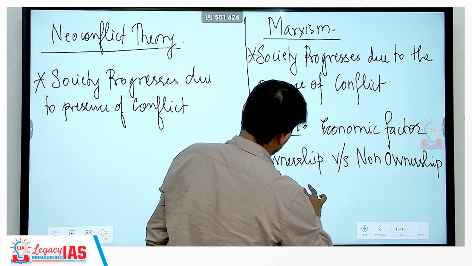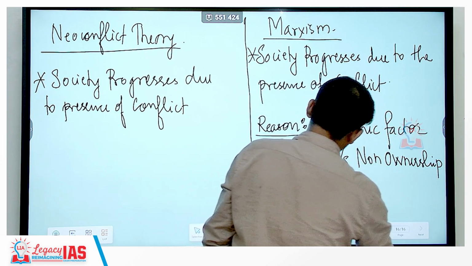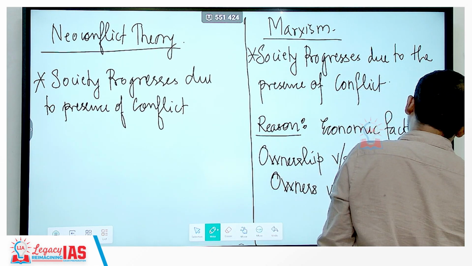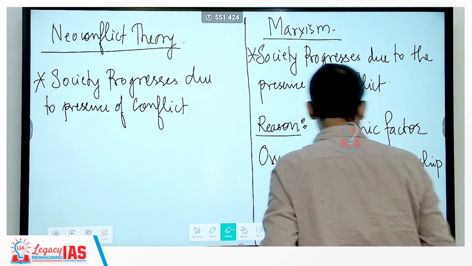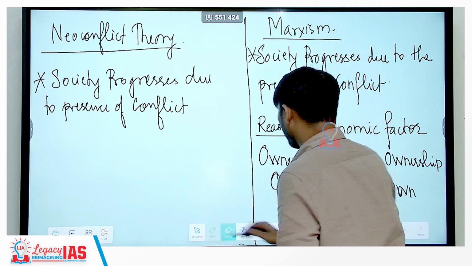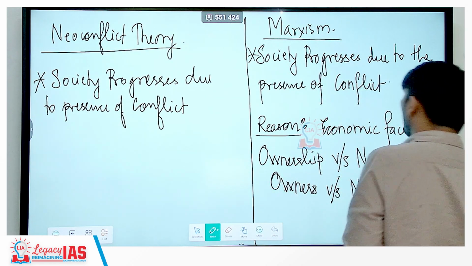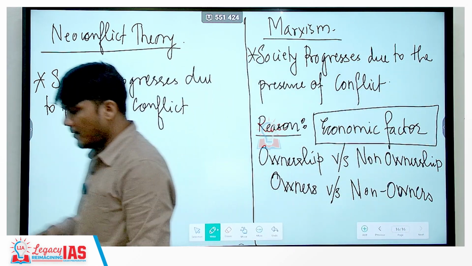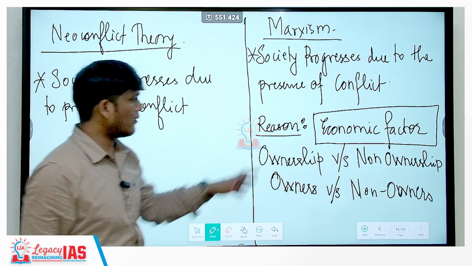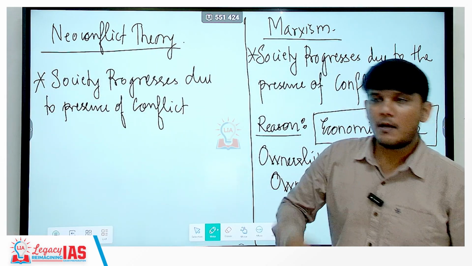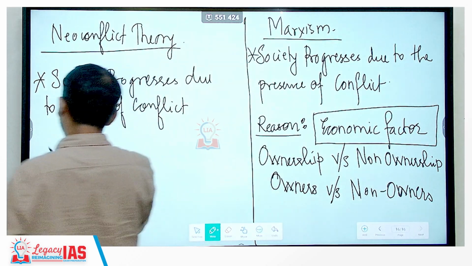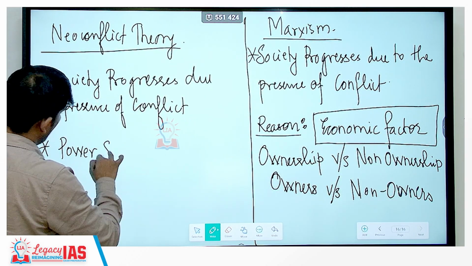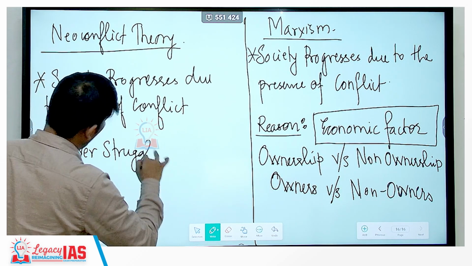Meaning owners versus non-owners. And we are talking about ownership of what? Ownership of forces of production. So it is economic factor. Neo-conflict theorists say, boss, this is not economic factor, but this is a power struggle. Now please understand the small difference.